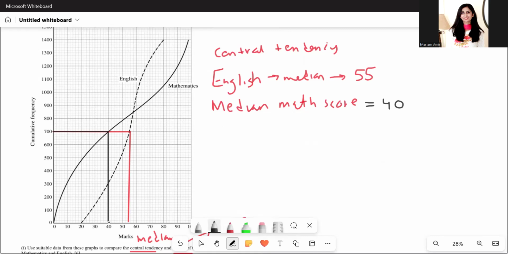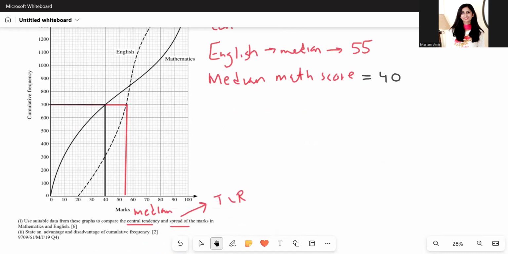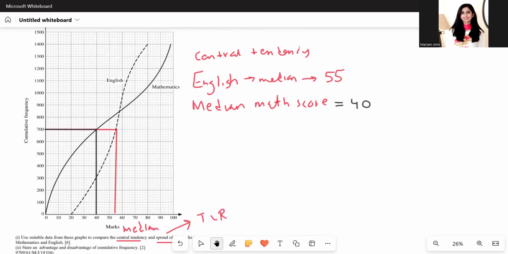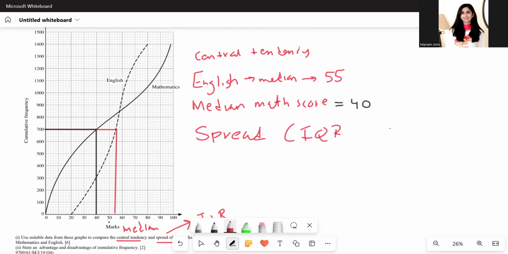Okay. Now we have to compare the spreads. Spread is compared by comparing the interquartile ranges. Even range would work, but we prefer interquartile range. What is interquartile range? Upper quartile minus lower quartile. Let's do that for math first. Upper quartile is found at 3/4 of the highest y value, which is 1400.